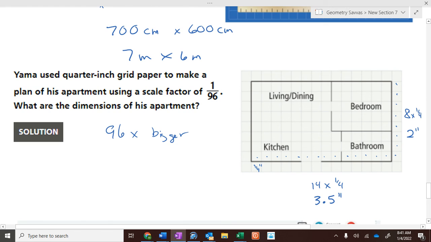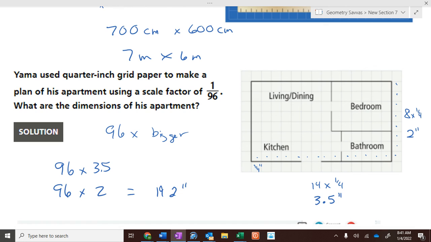So if it's 96 times bigger, take 96 times 3.5 and 96 times 2. I know 96 times 2 is 192 inches. Somebody, 96 times 3.5. 400 and what? 336?